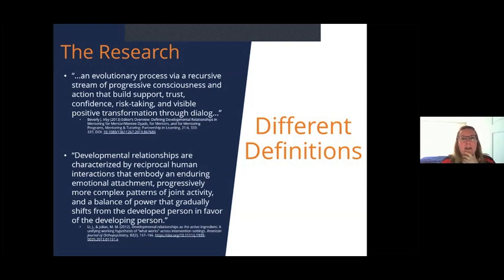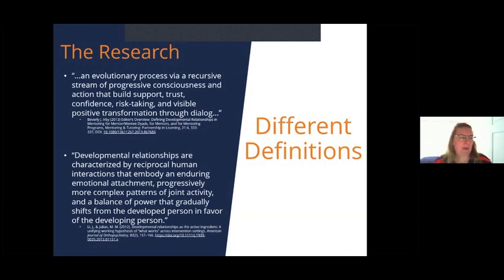So there's some overlap there that we see, that it's not just necessarily creating an emotional attachment, but there is a broader context of developmental relationships. And then there is a Lee and Julian article that says that developmental relationships are characterized by reciprocal human interactions that embody an enduring emotional attachment, progressively more complex patterns of joint activity, and a balance of power that gradually shifts from the developed person in favor of the developing person.